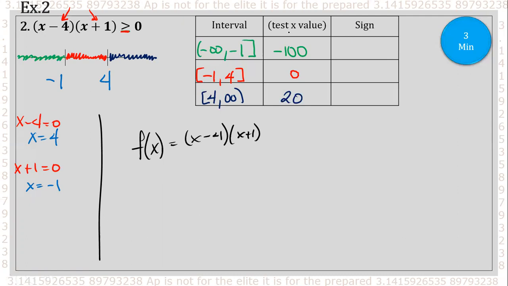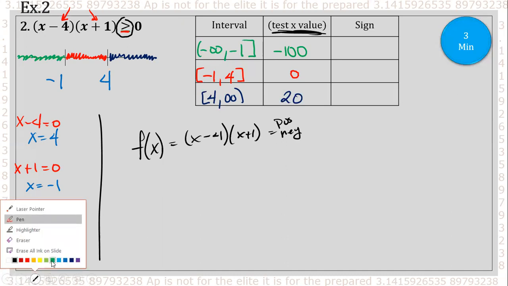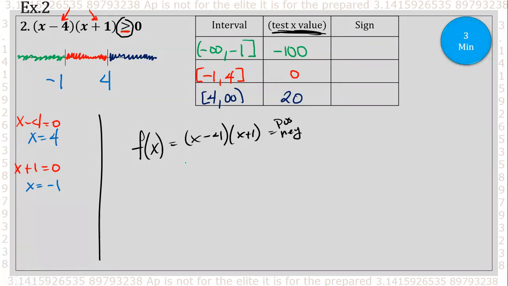You're going to go ahead and check these test values, and you're going to see, is it positive, is it negative, right? And keep in mind, we want what? The positive ones. Keep in mind that sign could change. It could be only greater than or less than, or it could be greater than or equal to or less than or equal to. So I'm going to go ahead and substitute my first number, which I said is -100.